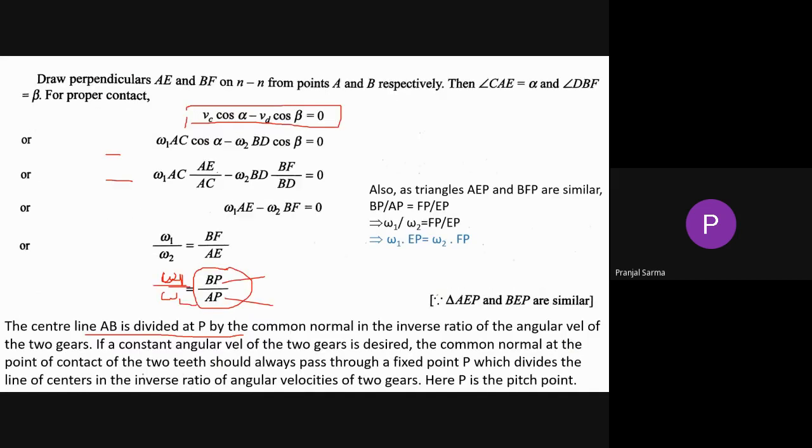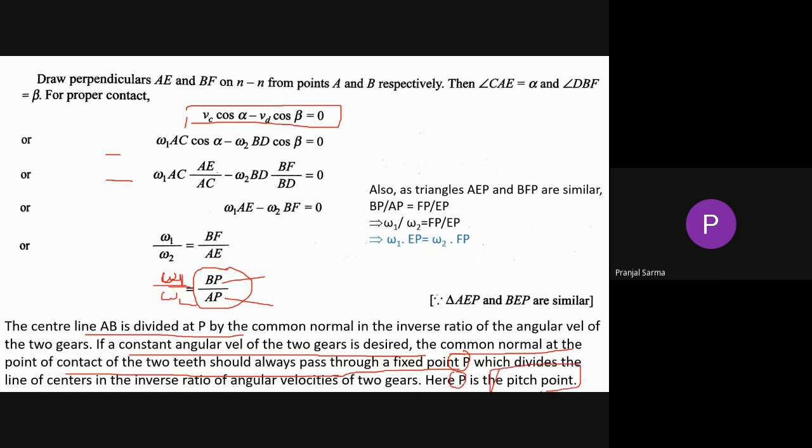Understood? So if a constant angular velocity ratio of the two gears is desired, the common normal at the point of contact of the two gears should always pass through a fixed point P, which divides the line of centers in the inverse ratio of the angular velocities. And this particular point P is nothing but the pitch point.